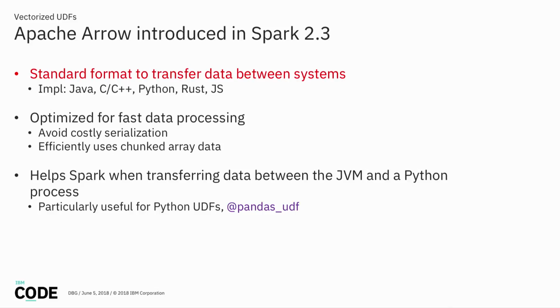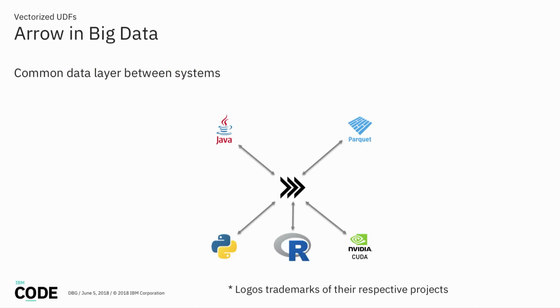The Arrow format is optimized for fast data processing, and it can help avoid these serialization issues and uses efficiently chunked data arrays. So this is currently being used internally in Spark to help transfer data between the JVM and a Python process. And it's particularly useful for helping with Python UDFs, also Pandas UDFs.